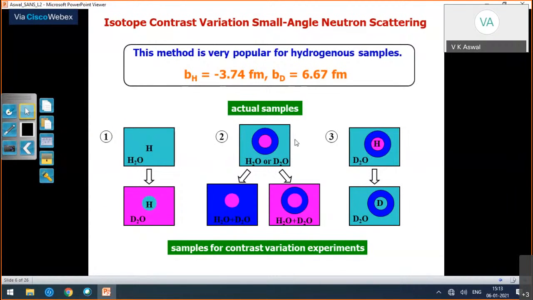The technique which is most used and also easy to use is the isotope contrast variation. And I already said this is very popular for hydrogenous samples. For hydrogen and deuterium, your scattering lengths are very different. So how do you make use of this technique to simplify your system in the case of isotope contrast variation?